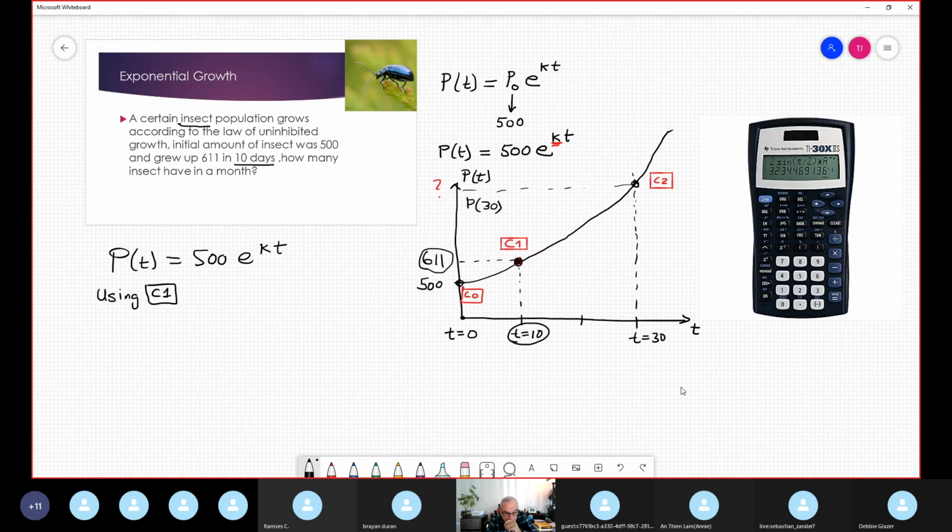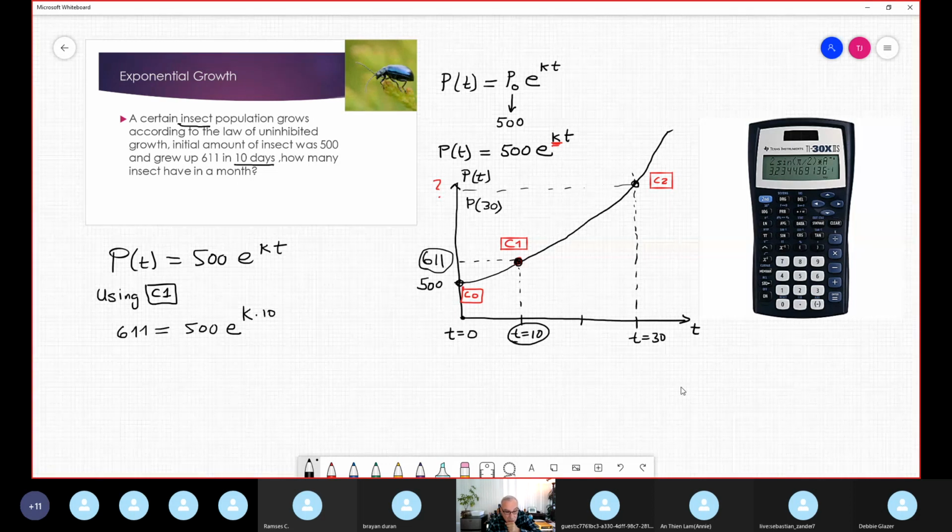So when you plug in the 10 days, the population is 611, equal to 500 e to the k, I have no idea what k is, but t is 10, multiplication by 10. Okay, so in that moment I have the exponential equation.